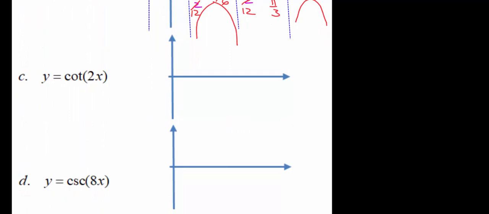Now for cotangent and cosecant, they have asymptotes at the pi's. Okay, so here we go. Here's 0 pi over 2, 1 pi over 2, 2 pi over 2, 3 pi over 2, and 4 pi over 2. Now we have asymptotes here, here, and here at the pi's.